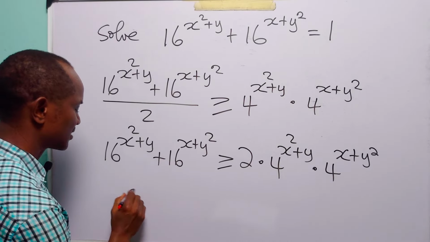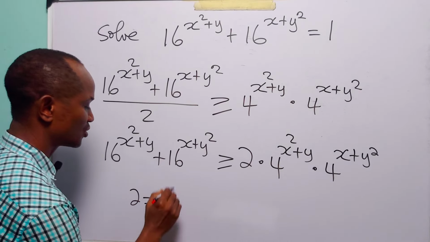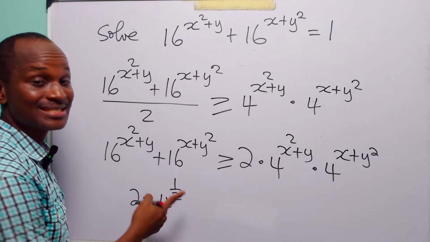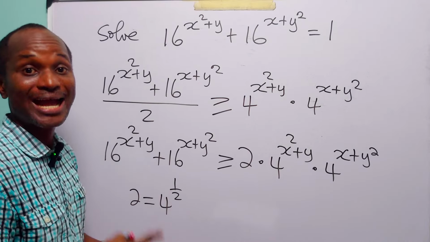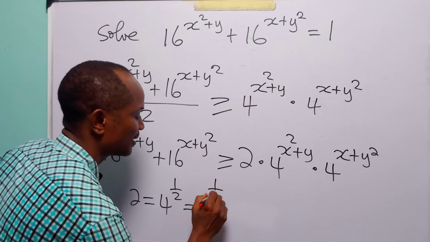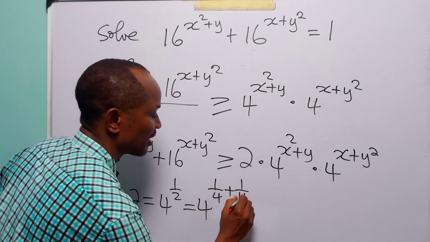So we have that 2 is equal to 4 to the power half. We also know that half is the same as 1/4 plus 1/4. So this is equal to 4 to the power 1 over 4 plus 1 over 4.